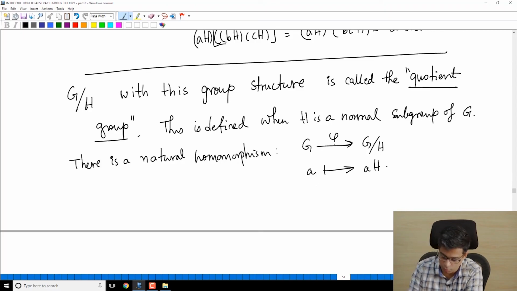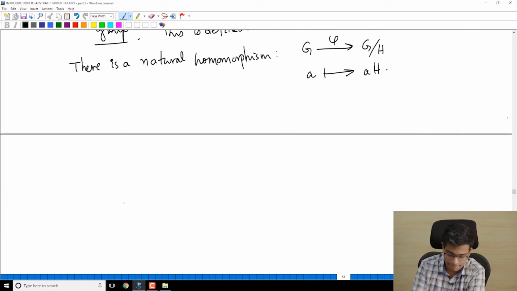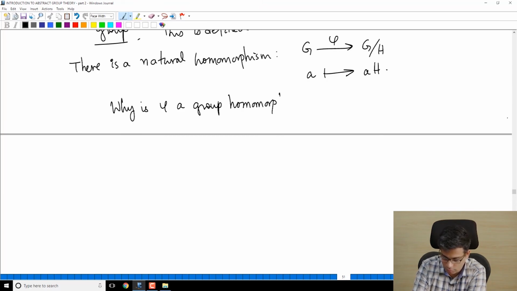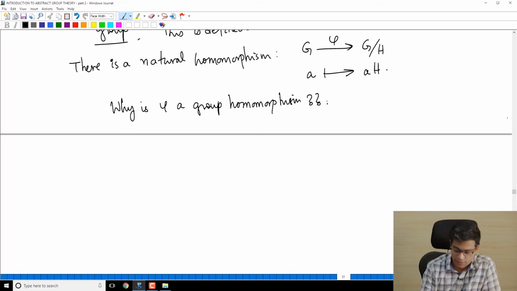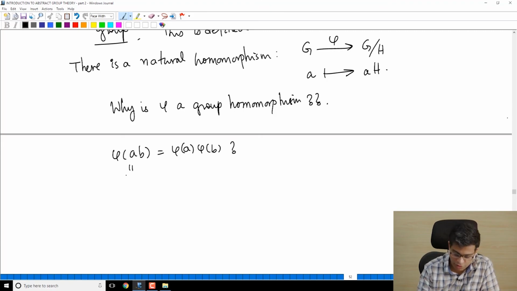Why is phi a group homomorphism? Let's check this. We want to check phi of AB equals phi of A times phi of B. Is this true? Let's write down what is phi of AB. Phi of AB is by definition ABH, right?